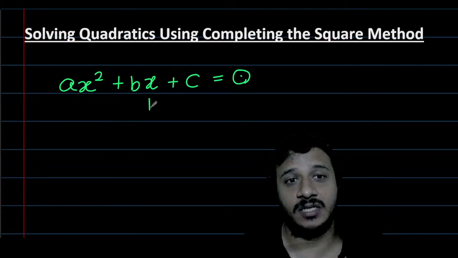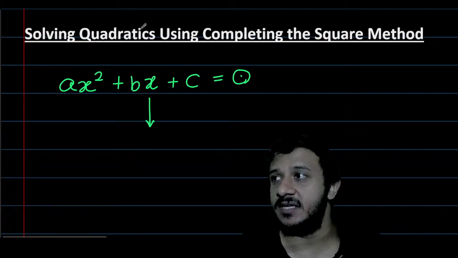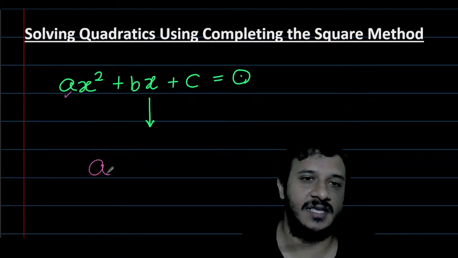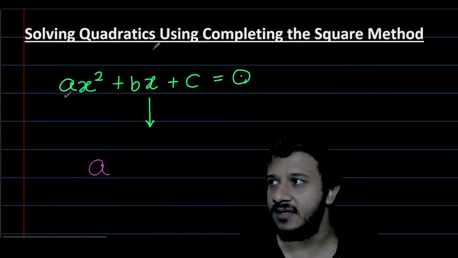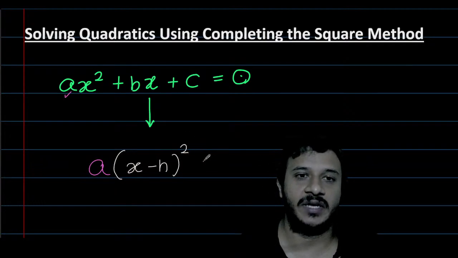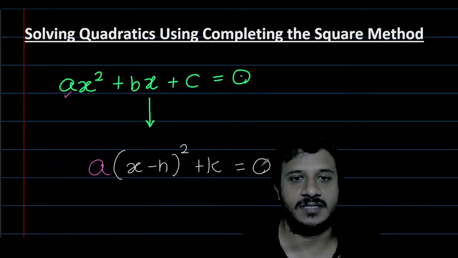Then, once we are done with completing the square, remember this a value, no problem. It will be just the a value here. But then it will look like a times (x minus h) squared plus k equals 0.